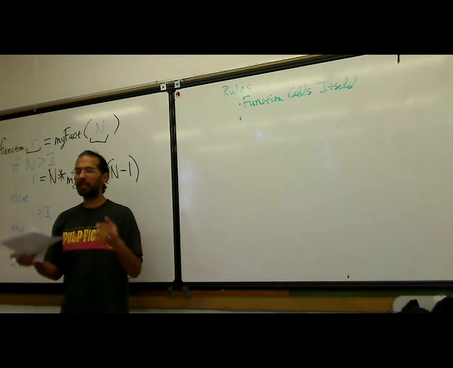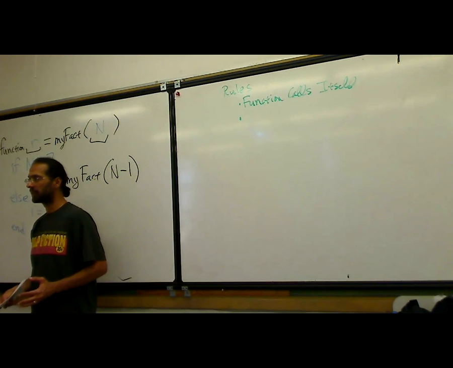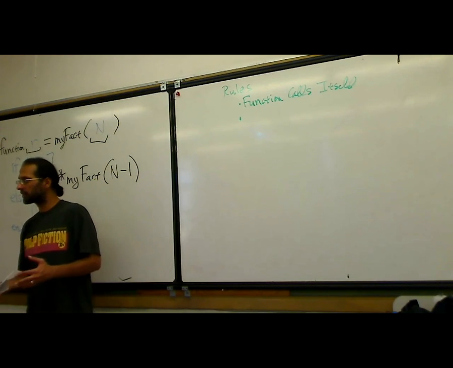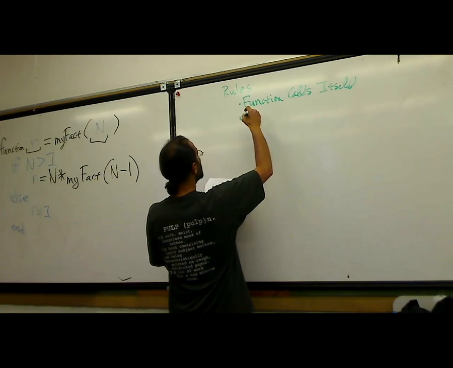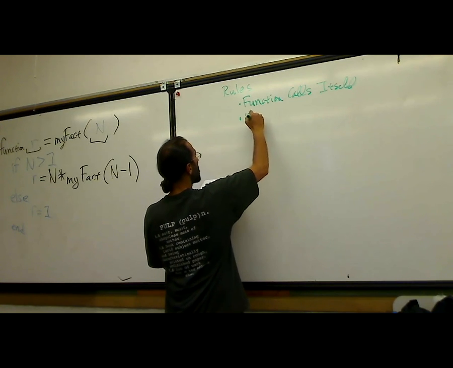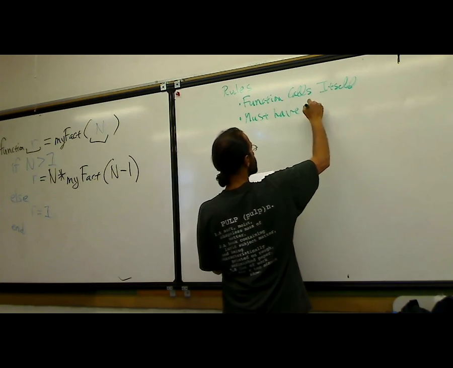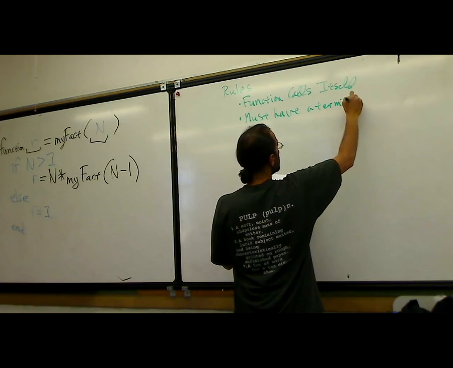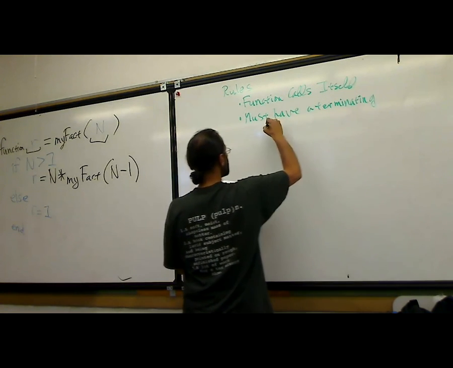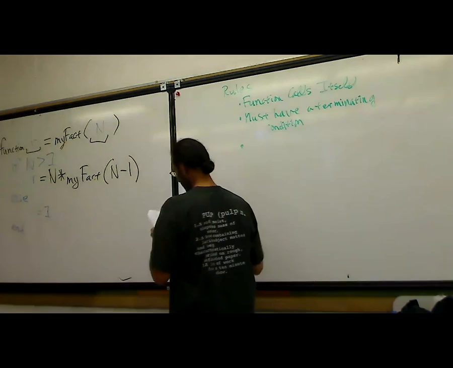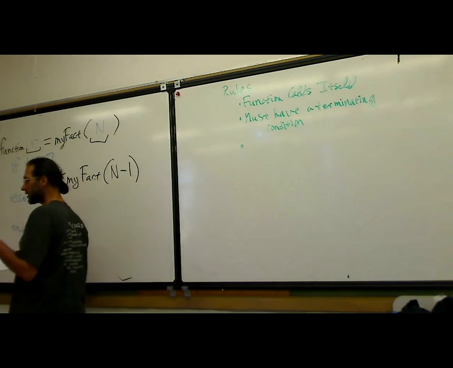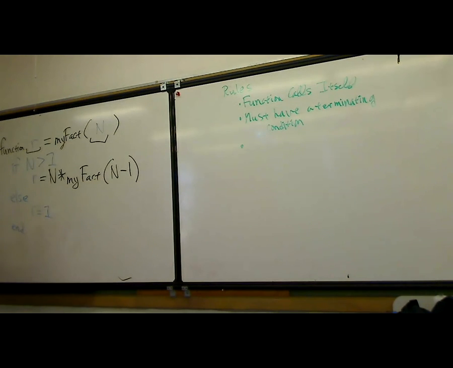There must be something in your function that stops it from executing. If you don't do that, you're going to be in a world of hurt. And last, the successive parameters for the new calls must move towards the terminating condition.